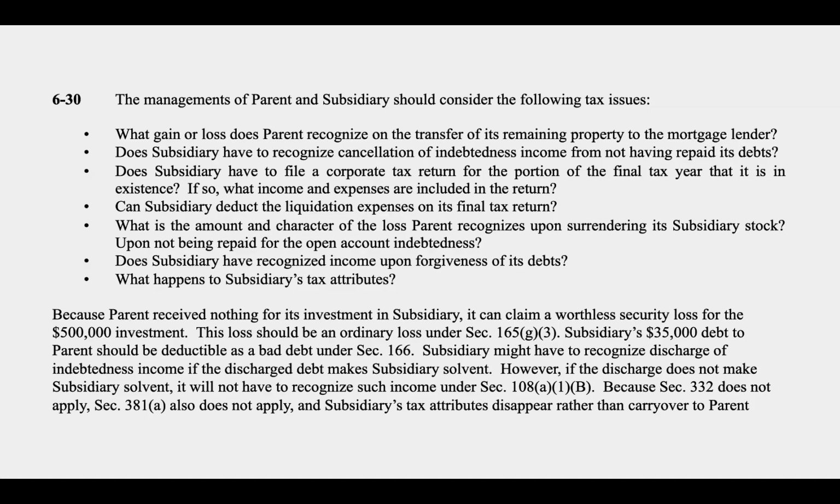All right, so they should consider these issues. Some of these aren't as important to us because we haven't talked about them, but most of them are. What gain or loss does parent recognize on the transfer of its remaining property to the mortgage lender?